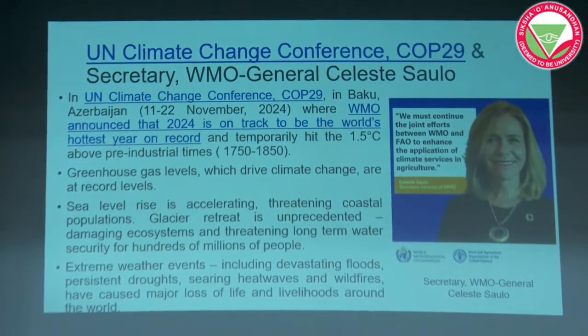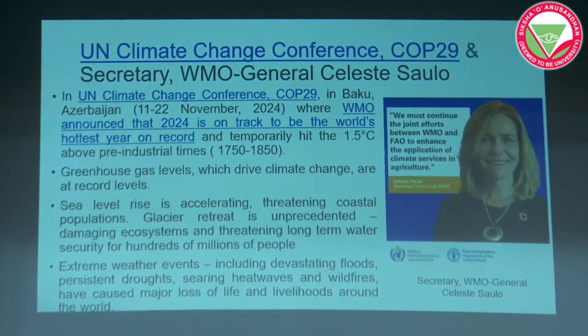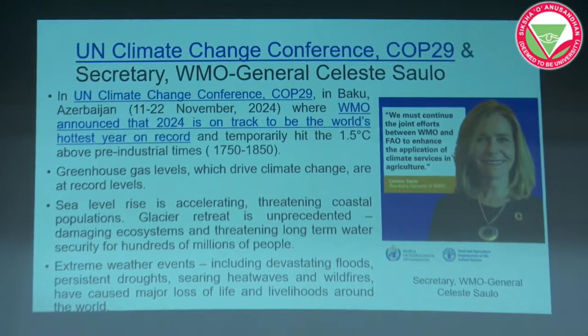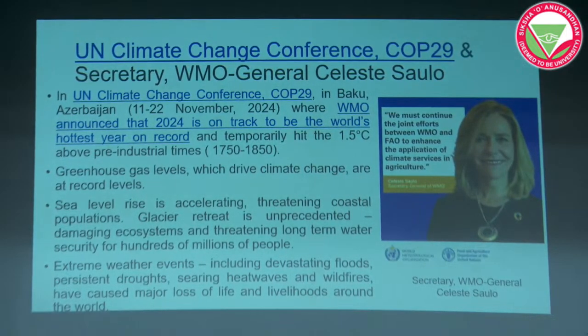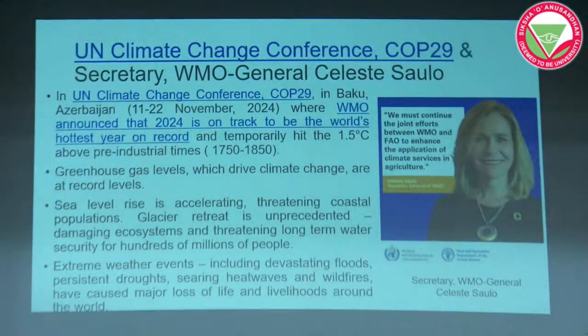And as Mohanty Sir mentioned, there are extreme events. She mentioned that devastating floods, persistent drought, searing heat stress and wildfires caused major loss of life and livelihoods around the world.